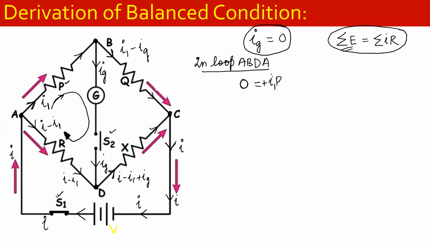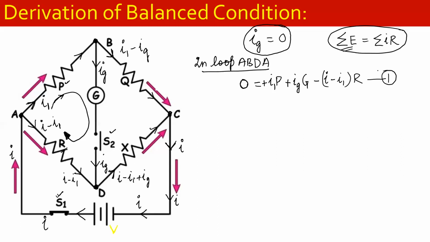So the potential difference across the galvanometer will also be taken as positive, that is Ig times G. Now we can see that the direction of KCL and the direction of the assumed loop is exactly opposite through branch AD. So the potential difference across R will be taken as negative, and it can be written as minus I minus I1 into R. This is equation number 1.